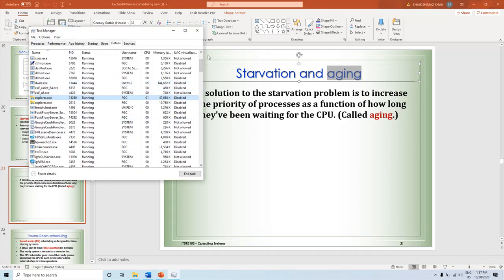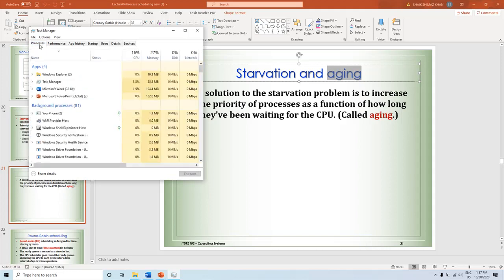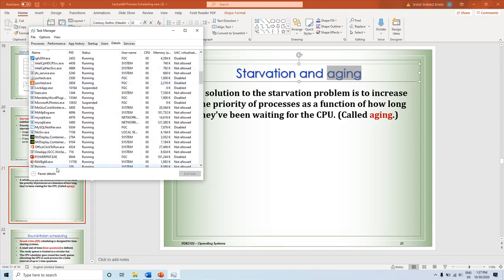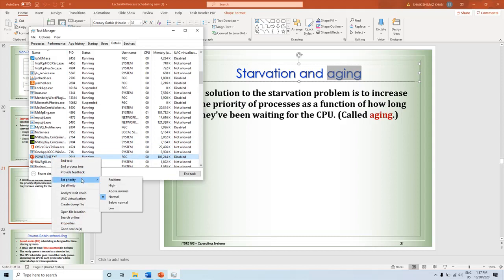So in the Windows operating system, I press Control Alt Delete and we get Task Manager. Here we have processes, and for example we can select a particular process, this PowerPoint, and you can see the priority. Basically the system has assigned a normal level priority. If you want, you can decrease or increase the priority.